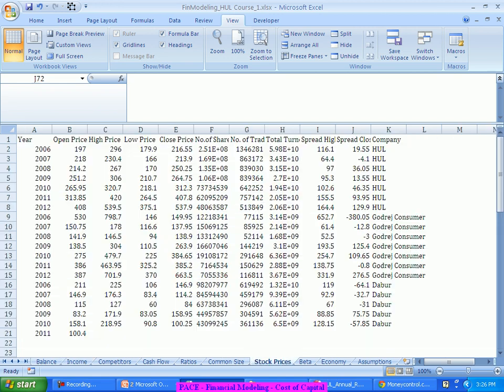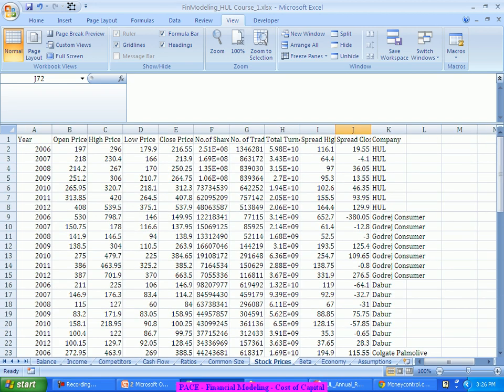This is where I take the stock price data. The stock price data contains the market price. So for 2008, these are the numbers, and these are the numbers for each of the years.